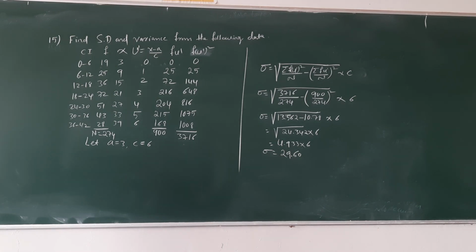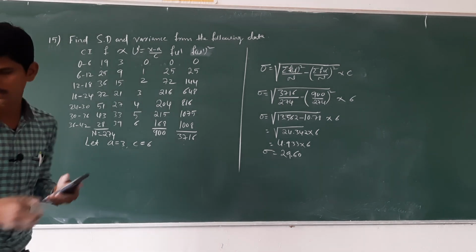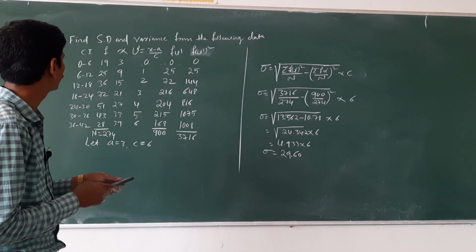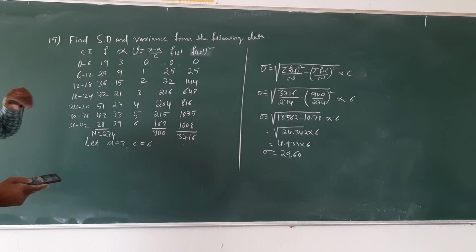Okay, sigma equal to 29.60. See here, fu dash square by capital N, 274, the sum of frequencies.